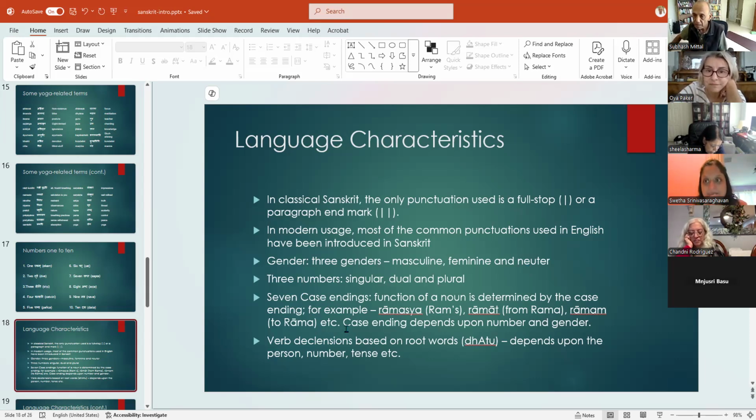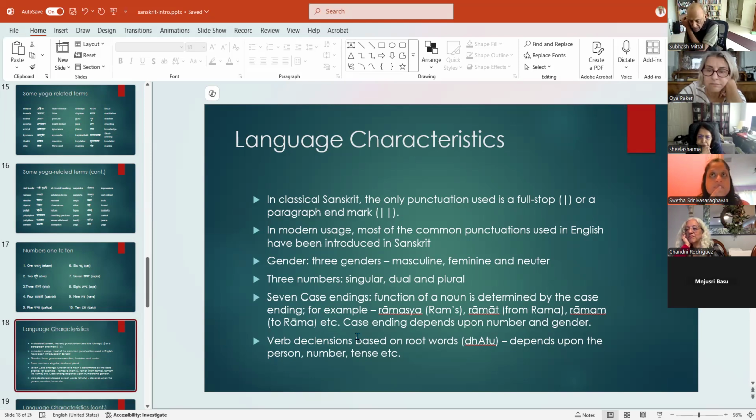Like in Hindi we say गाड़ी चलती है. We don't say गाड़ी चलता है. So chalta is for masculine, chalti is for feminine. Is something like that in Sanskrit? No. Whether it is masculine or feminine, the verb doesn't change.